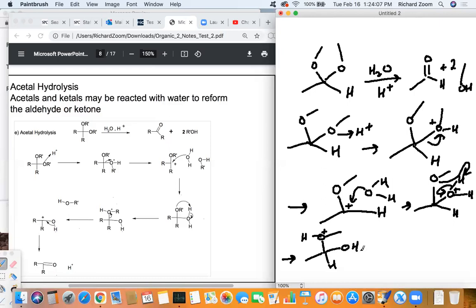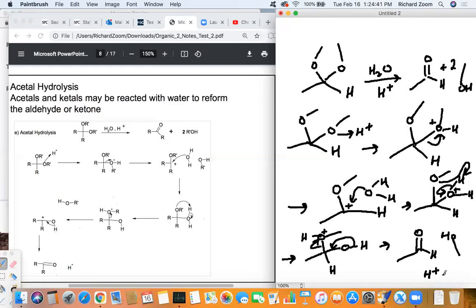And then I kind of like to do this last step as a combined step, because I think it really does probably happen that way. This allows us to get the C double bond O to the hydrogen, and then the other alcohol group with the H plus as well.